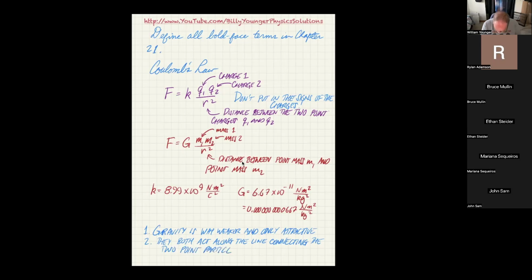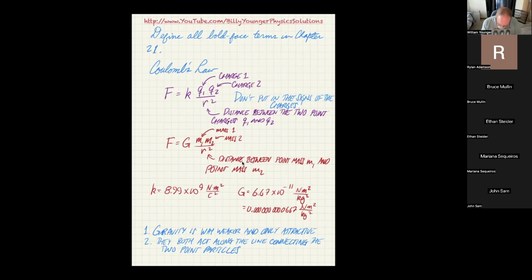Now, of course, that means in the case where you don't have a point particle, that means it extends on a line that connects the two centers of mass in the case of gravity, or the two centers of charge in the case of electricity. Okay. But that's the key point to get out here.